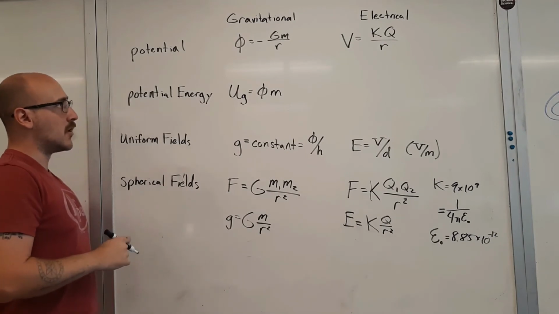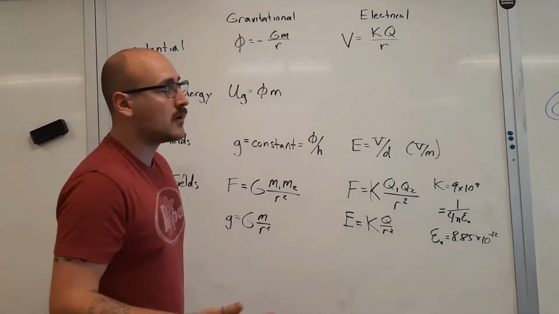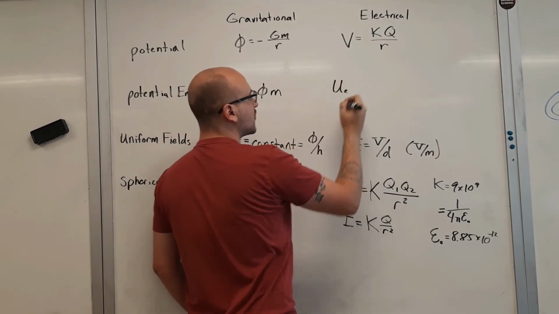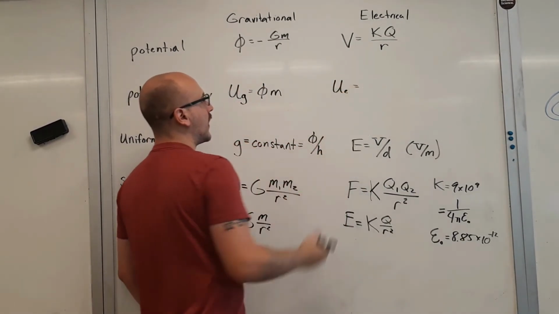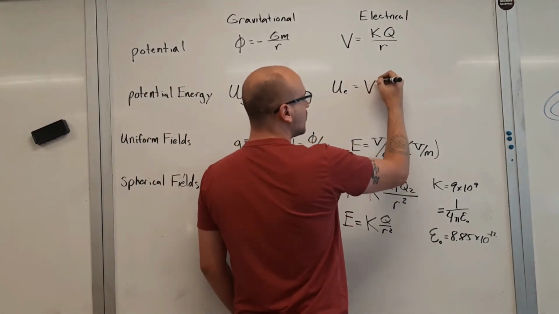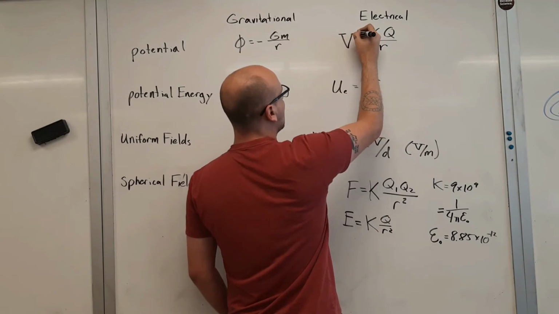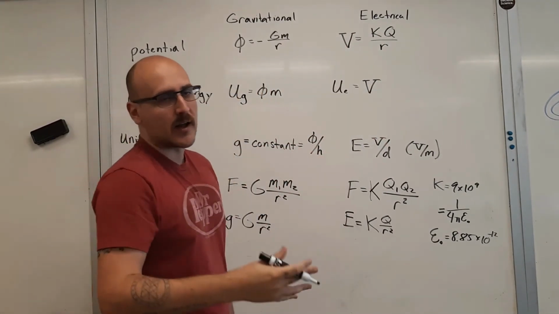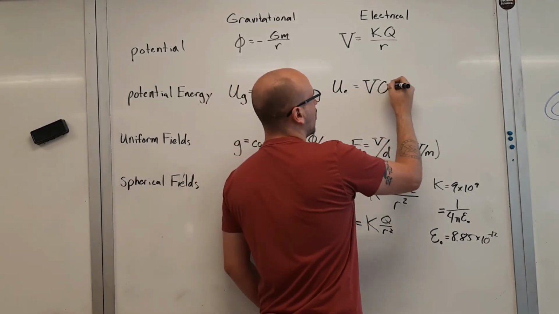So if we're looking at electrical potential energy, we're going to use the U still, with a little subscript E. Our replacement for phi, our replacement for gravitational potential, is electrical potential, which is voltage. So I'm going to put my bars on my V's. And instead of mass, electrical fields are built on charge.